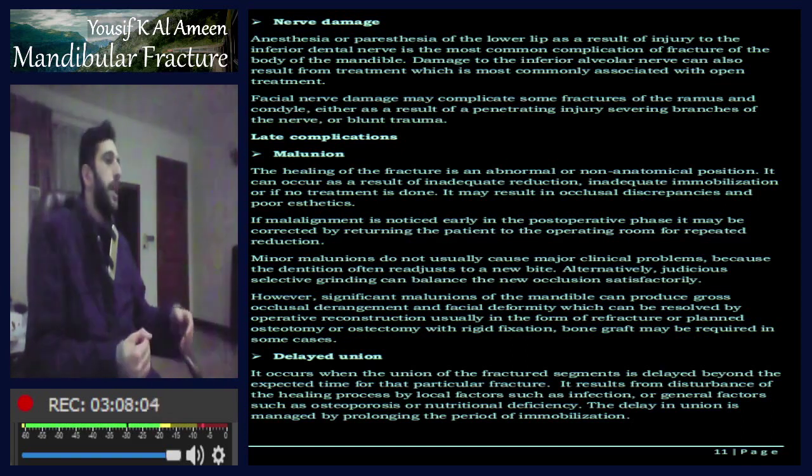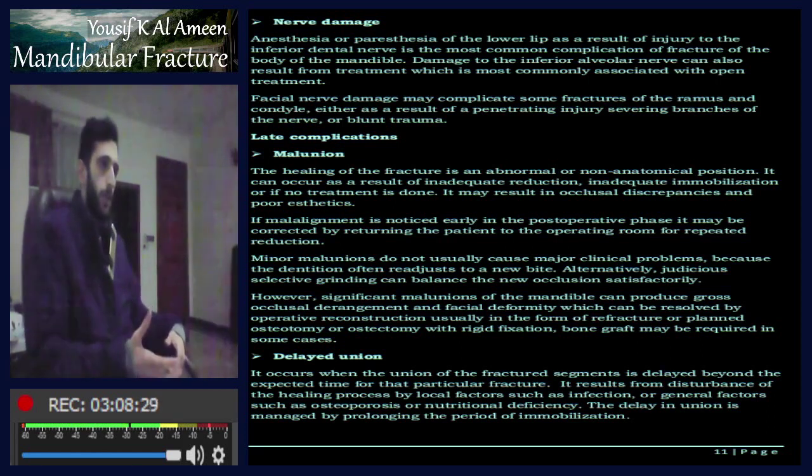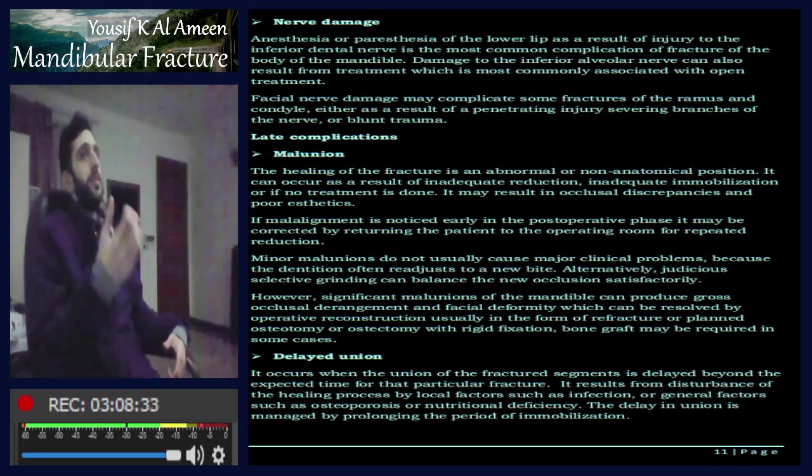It results from disturbance of the healing process by local factors such as infection, and general factors such as osteoporosis and nutritional deficiency. The delay in union is managed by prolonging the period of immobilization.